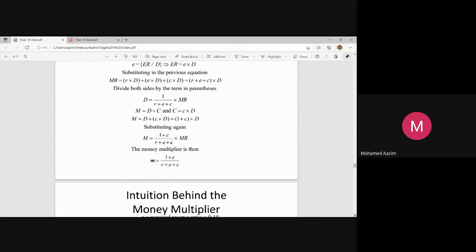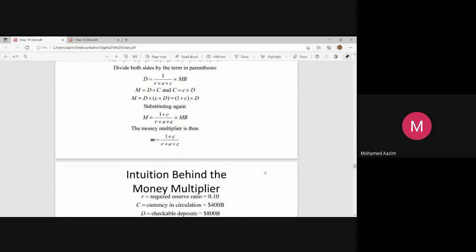So you now look at the small m: multiplier times monetary base would define money supply. If this m increases with a given quantity of monetary base, you have more money in the economy. If this m decreases, less money in the economy.